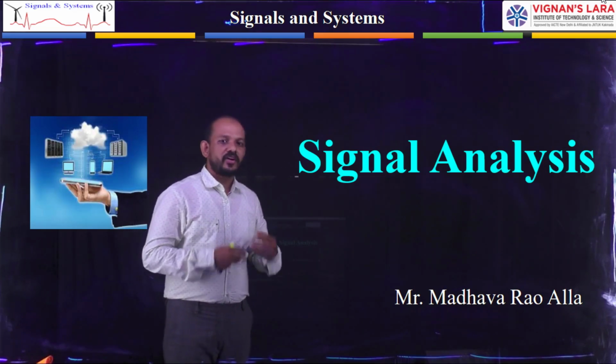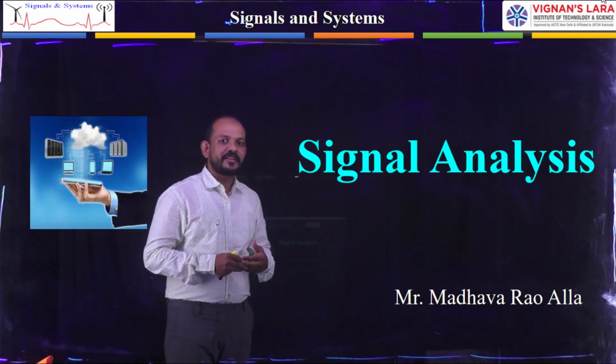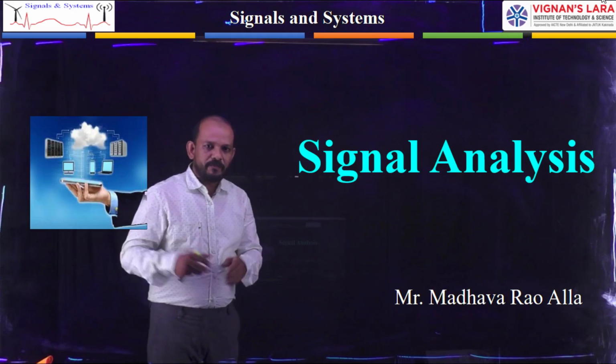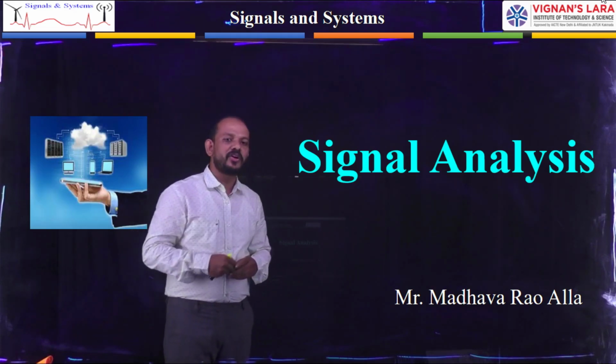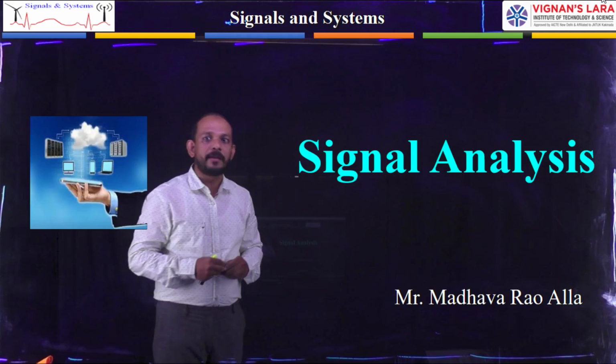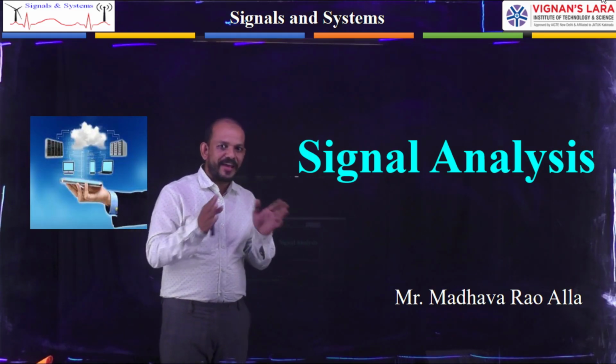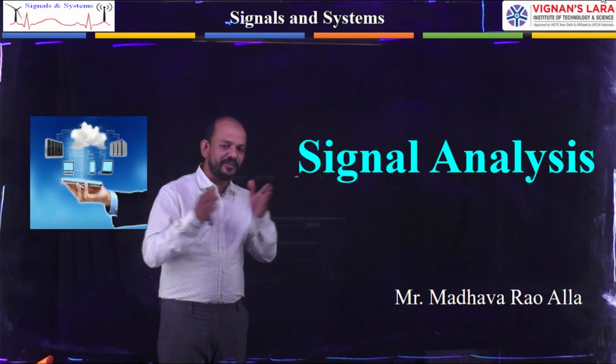Then understanding the mechanical system is very easy. In the same way, here also I will explain the concept of signals with the help of the concept of vectors, because there is a perfect comparison of these two, signals and vectors.